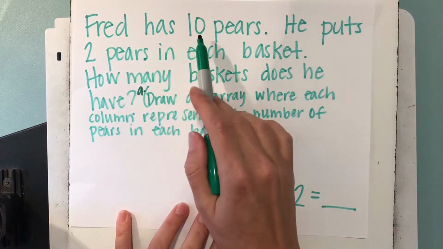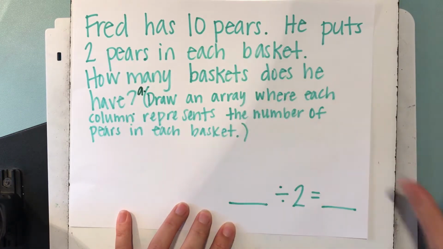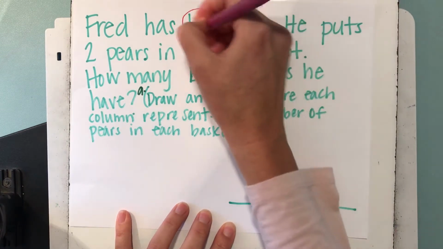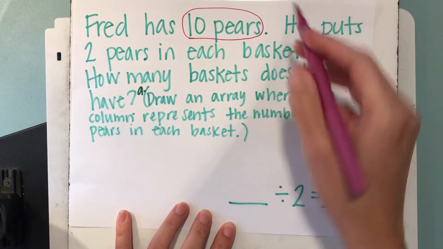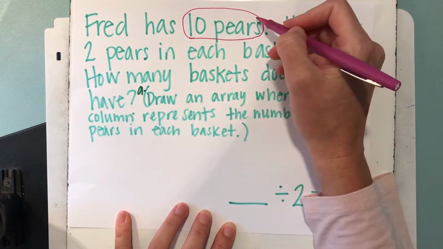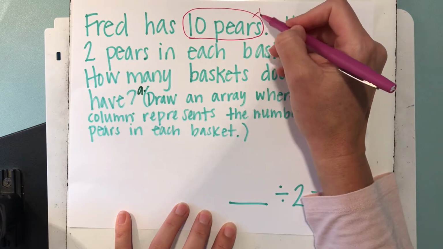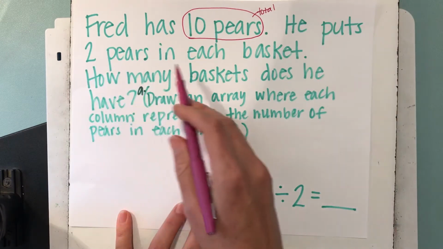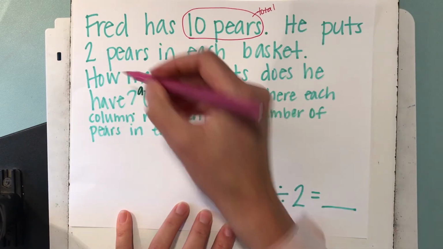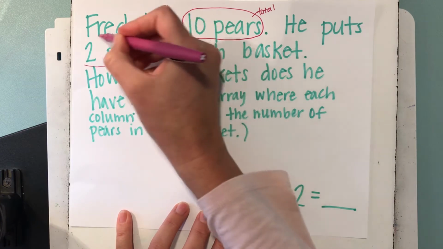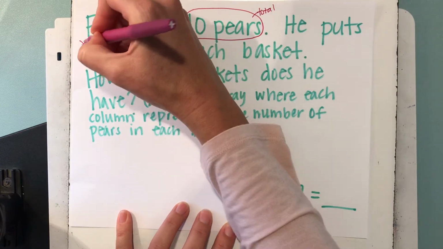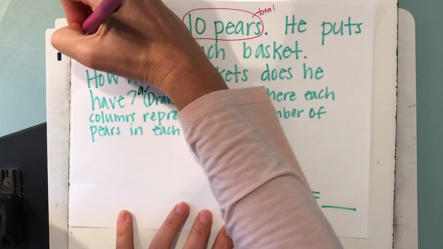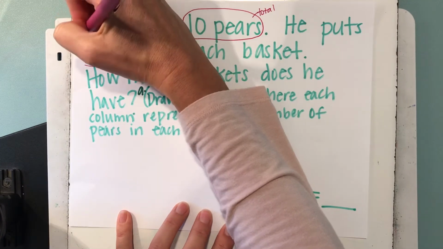Fred has 10 pears. Ooh, he has 10 pears. I'm going to circle that because that is important. It's telling me a number. And it's also telling me, if we know he has 10 pears, is that telling us the total? Oh, it is. I'm going to put total here. He puts 2 pears in each basket. Oh, so we know, so far, just by reading those 2 sentences, we know the size of the groups, right?